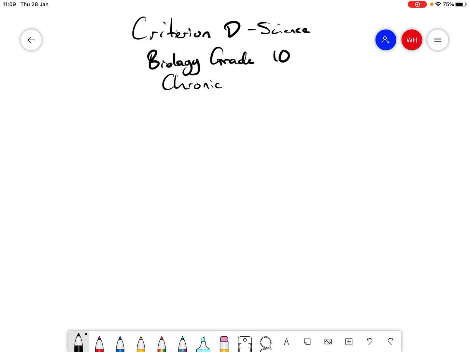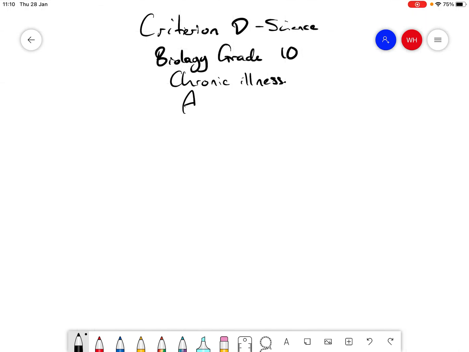I'm going to select asthma as my chronic illness. So the first thing I do is go and do some research into what is asthma, what evidence is there that it exists, and that it is an issue.